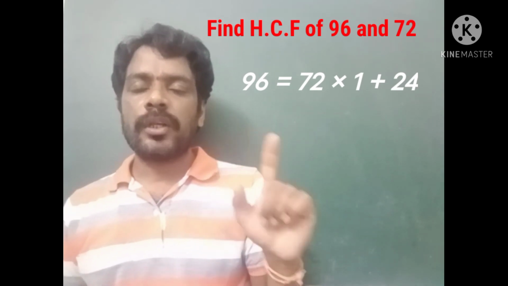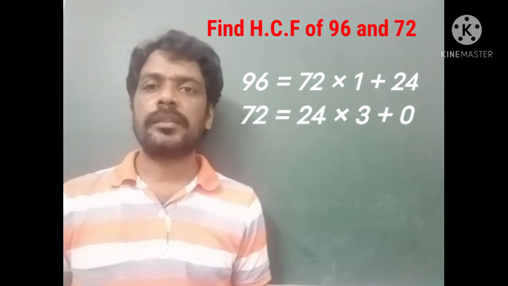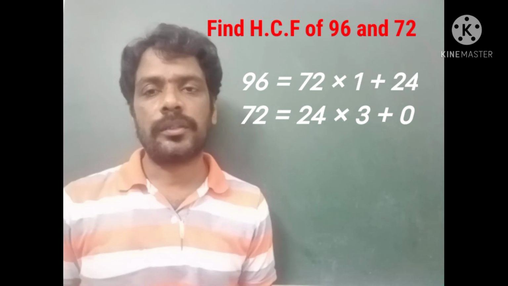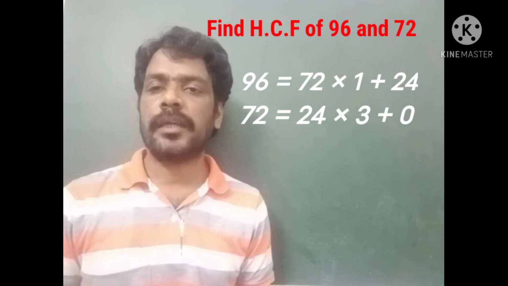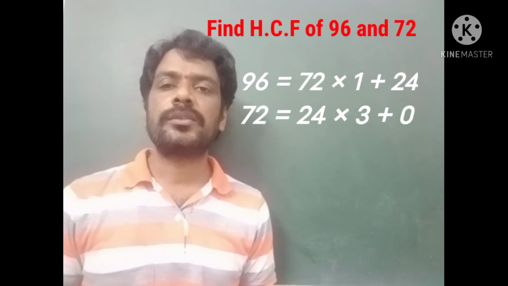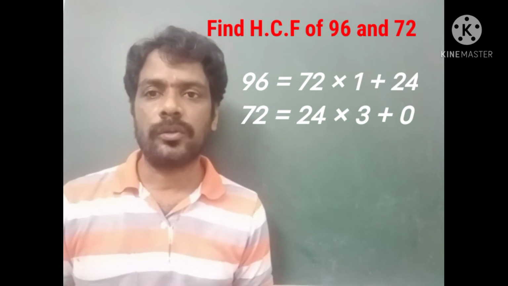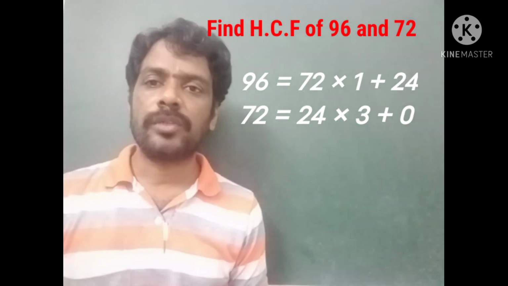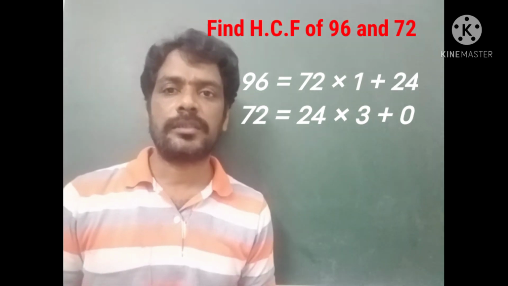In 72, 24 is how many times? That is 3 times. 24 times 3 is 72. So 72 is equal to 24 into 3 plus 0.